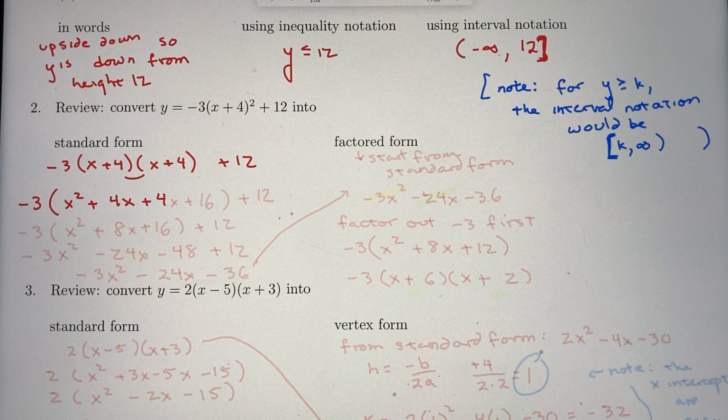Outer, inner, and then last. Okay. Many of you may have noticed that you can add the outer and inner in your head and skip that middle step. Now we distribute the -3.